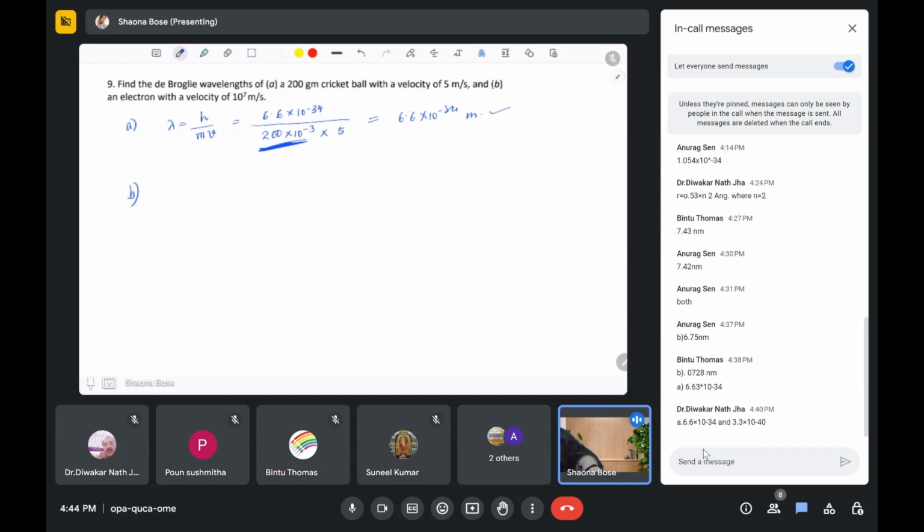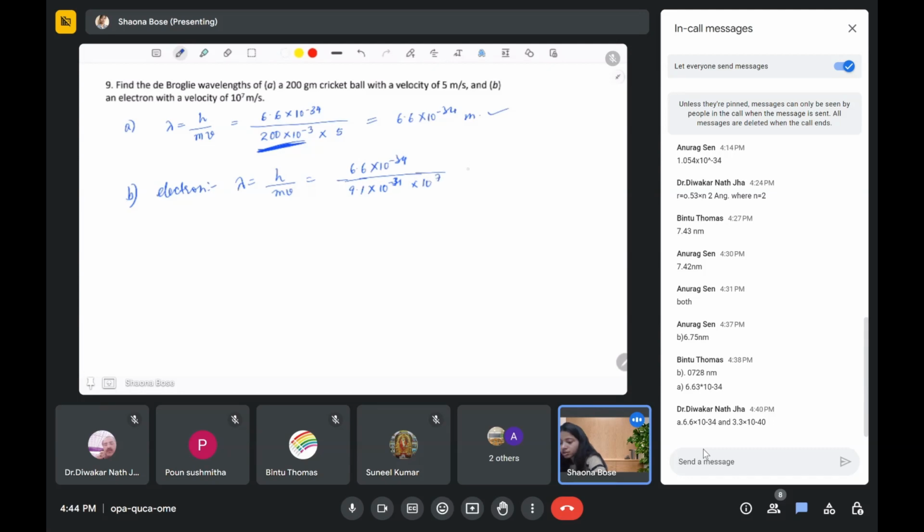And for the electron, we have lambda is equal to h by mv. Just put in the value of electronic mass, 9.1 into 10 to the minus 31, and the velocity given, 10 raised to the power 7 meters per second.